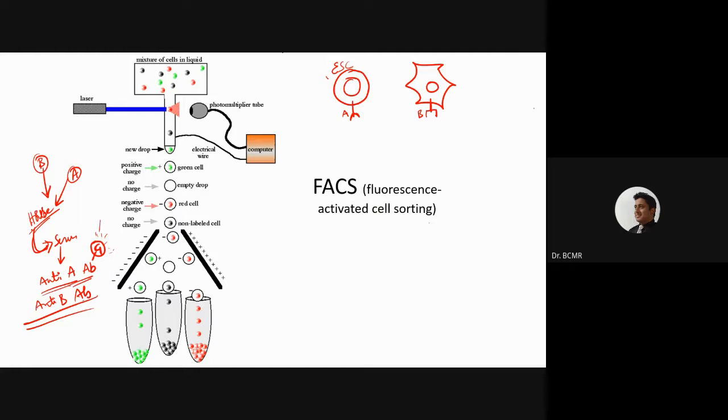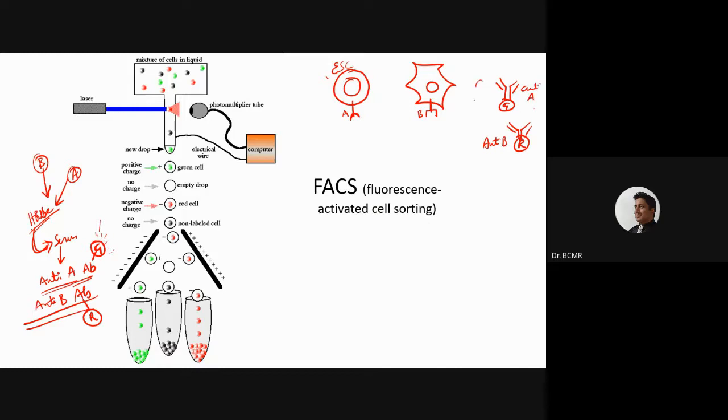For antigen B, we would tag with a red fluorescent dye. So here you would have green or red. This is anti-B, and the top one is the anti-A antibody.